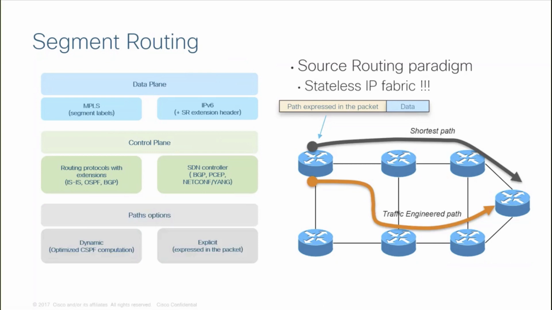And then, as we mentioned earlier in the picture, the paths that I can use in SR for the majority of the traffic will be my shortest path. But if I want to have a path that is traffic engineered, then you have to think about a path that can be computed by a router, a path that can be computed by a central entity, or a path that is just given by a human and it's an explicit path.